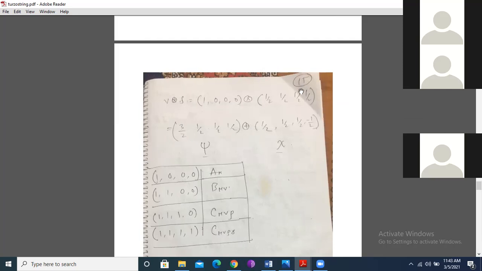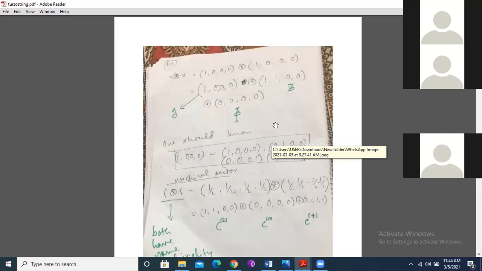You can also take the direct product of them, and you now have 3 half, half, half, and half, half, half, minus half. This is the famous Rarita-Schwinger operator of supergravity, and this is also some guy. I forgot whose super partners they are. Probably these guys, but I'm not sure.